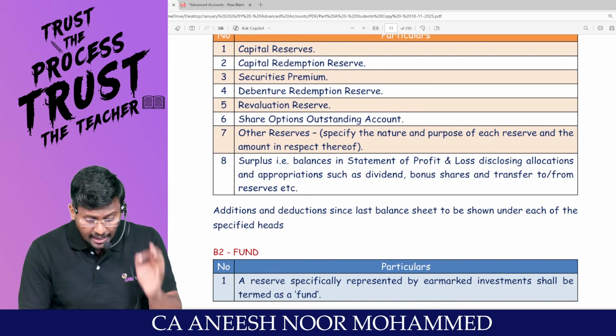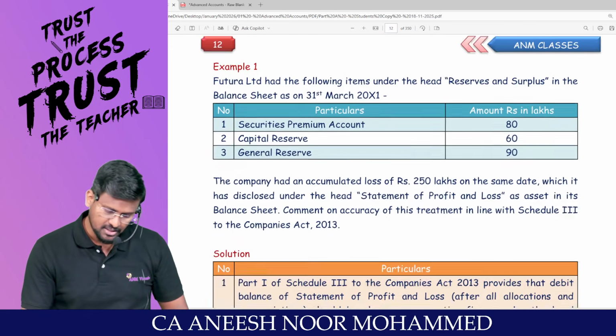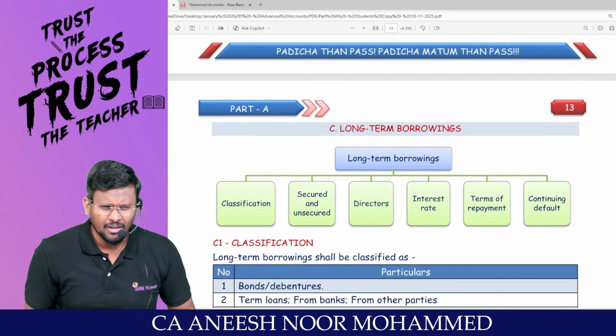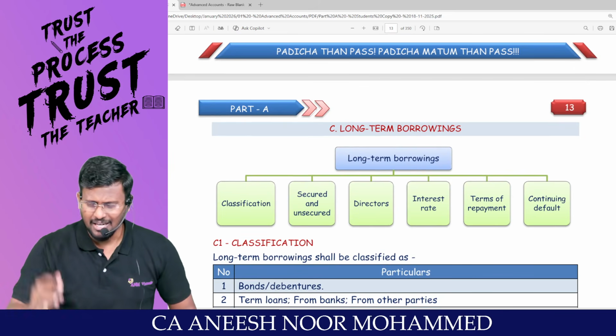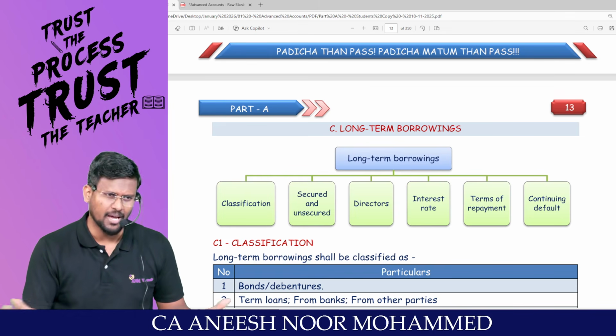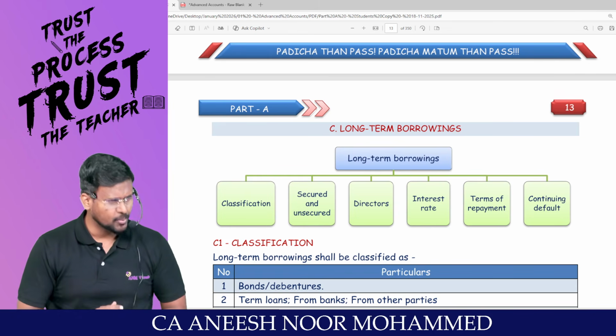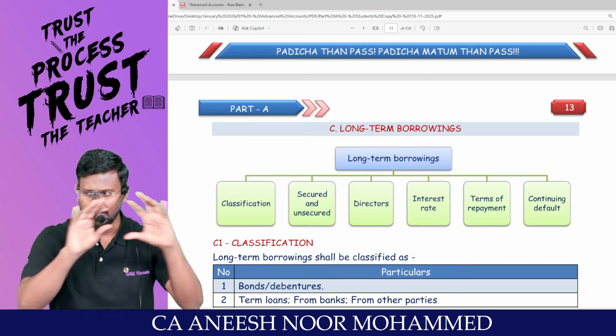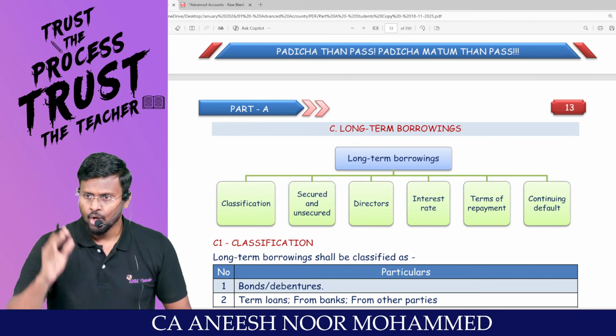What items will come under reserves and surplus? And the questions relating to that. Next one, as per our classification, money received against share warrants. Nothing to discuss. That's it. Next one, share application money pending allotment. Nothing.